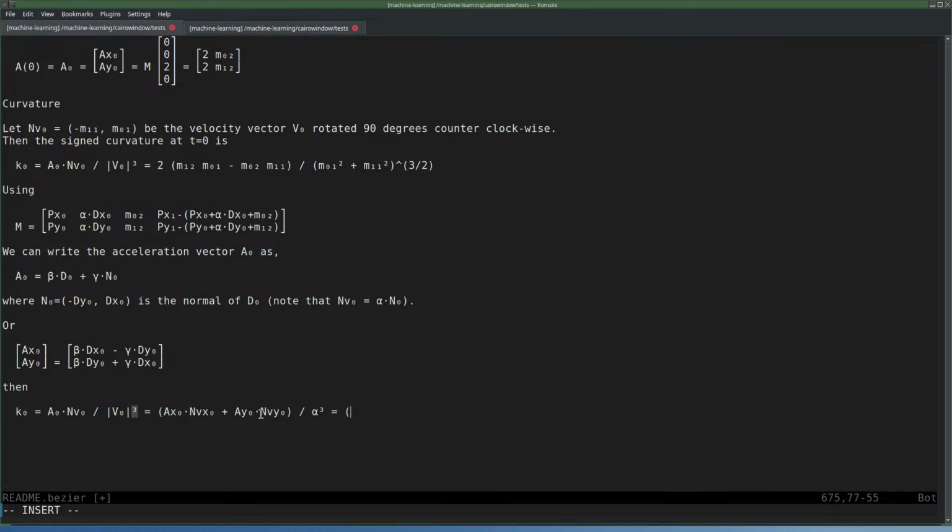So that is then this thing times NVY, so that is alpha times the y of that one is alpha times, wait a minute, NVX0 is alpha times the x coordinate of N0, which is that.